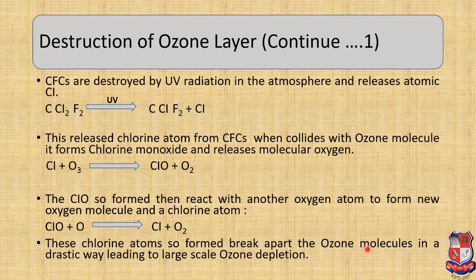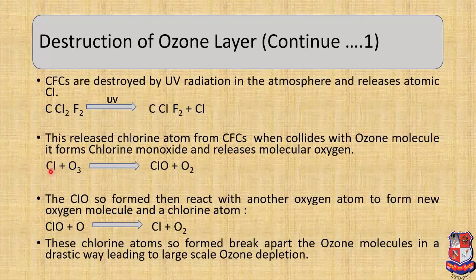Now going forward in the destruction of ozone layer process, starting with the first, these CFCs are destroyed by UV radiation in the atmosphere and release atomic chlorine. This is one form of CFC, that is Freon 12, that is destroyed by UV radiation and releases this chlorine atom. Now this released chlorine atom from CFC, when it collides with ozone molecules, forms chlorine monoxide and releases molecular oxygen.